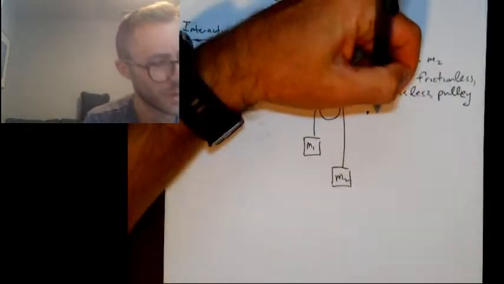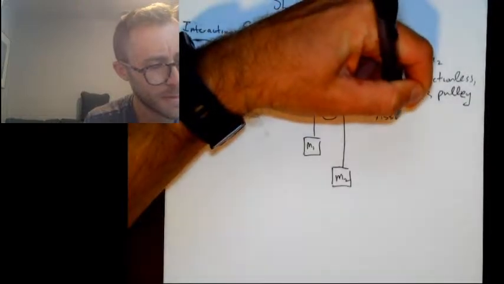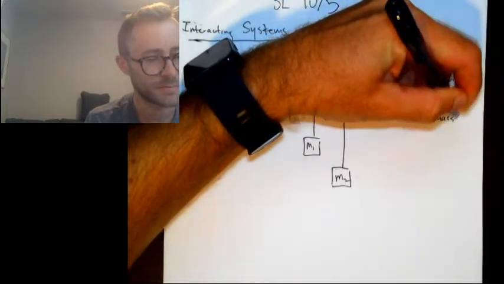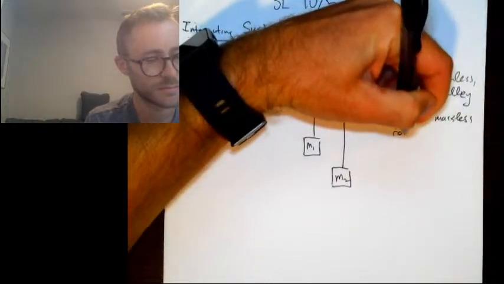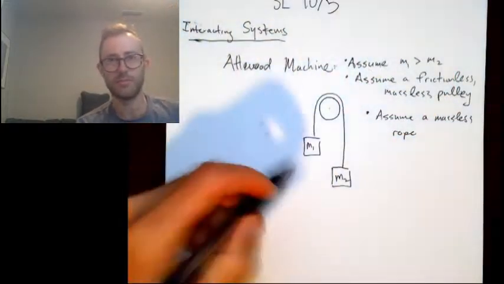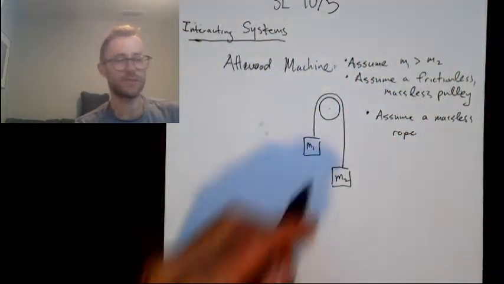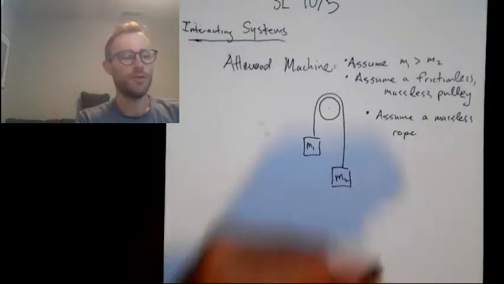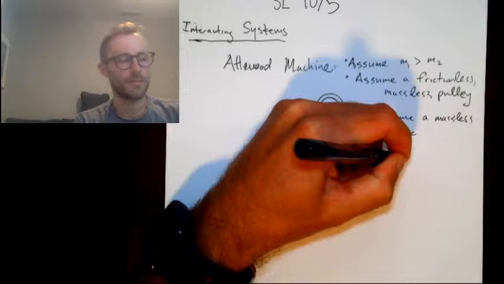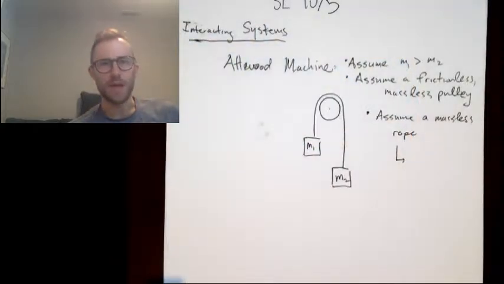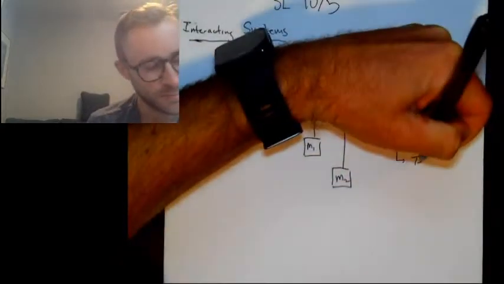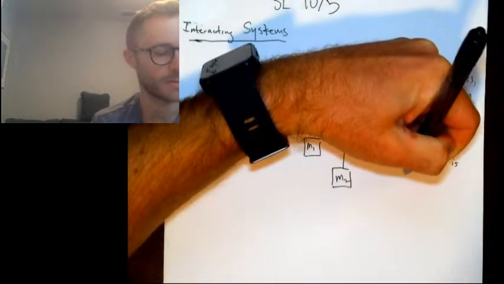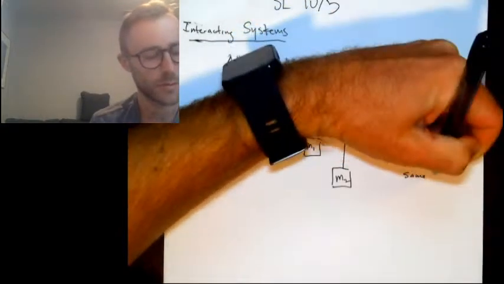And furthermore, we are going to assume a massless rope connects the two masses, M1 and M2. If you have a massless rope, that means that the tension is the same throughout.